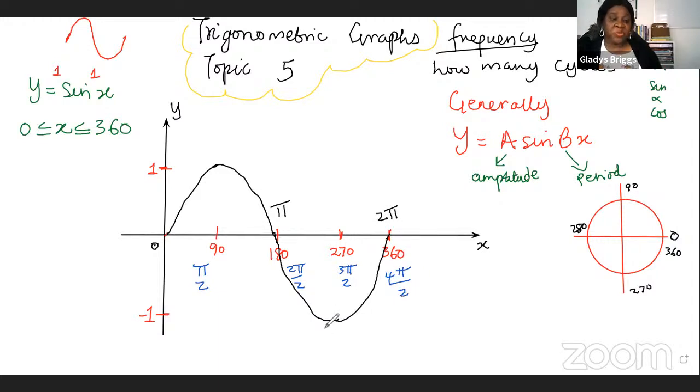People do that. 2 pi over 2 is just going to give you 1 pi, and 4 pi over 2 is just going to give you 2 pi. This is the radians, and this is degrees. You need to know how to do both of them, all right?